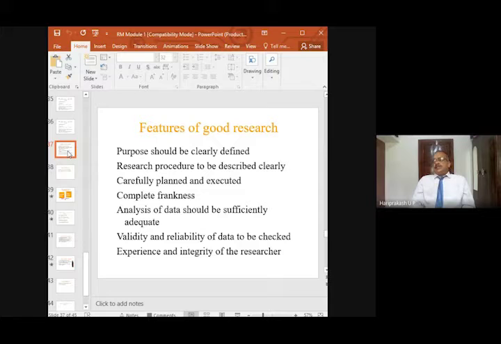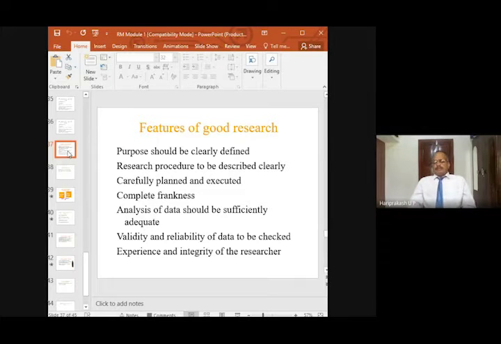So the first one is the purpose should be clearly defined. Purpose of the research. First you should know why you are doing this research. What is the purpose of the research? In the specific sense, you should be very clear about the objectives of the research.